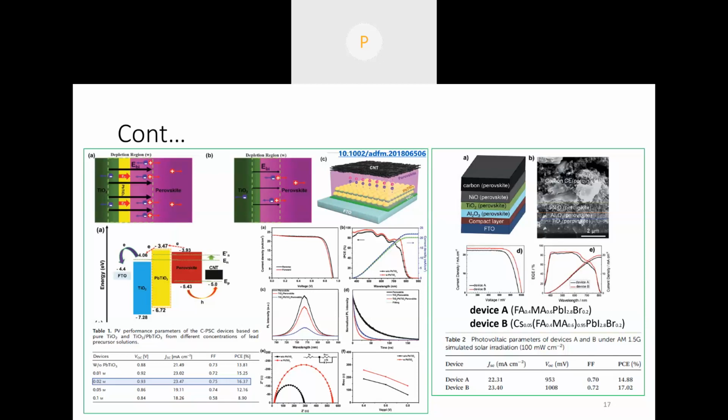They found that here also with the addition of cesium, because cesium will increase the band gap. So in that case, VOC is higher than 1, your fill factor is also 72, and 17% efficiency is achieved in the carbon-based solar cell. Yeah, next, Rishabh, next.